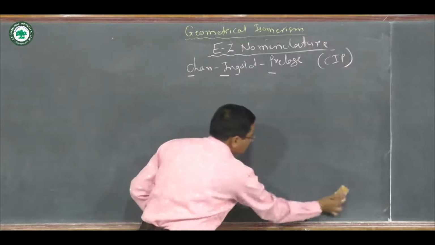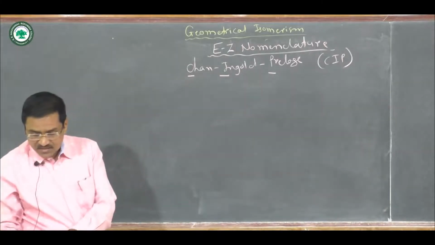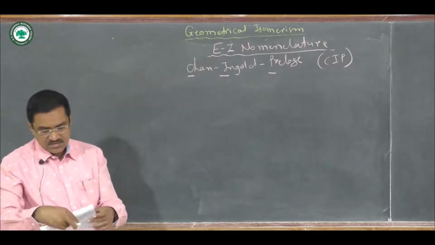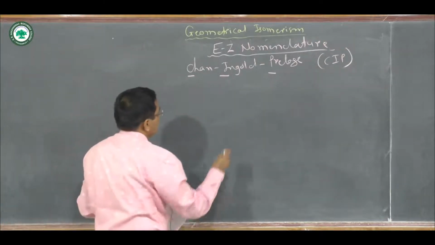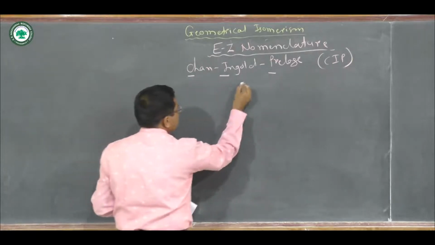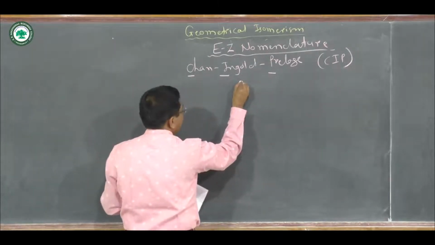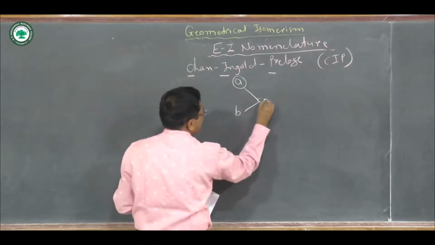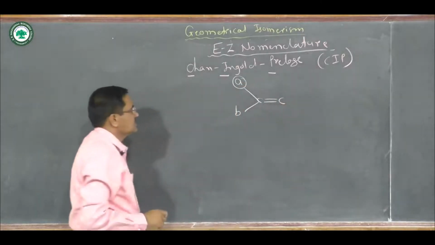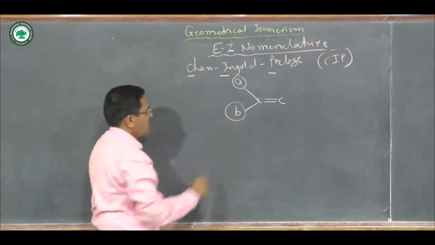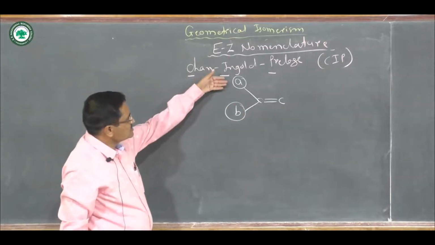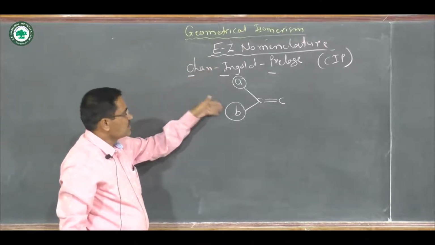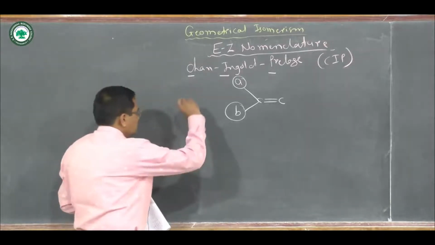There are various priority rules. Suppose group A and group B are attached to the same carbon atom, and there are sequence rules for deciding whether A or B has priority.